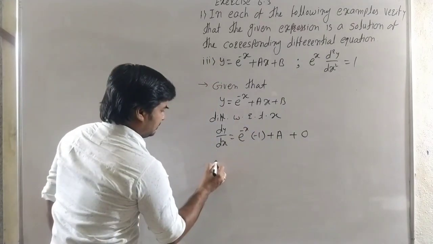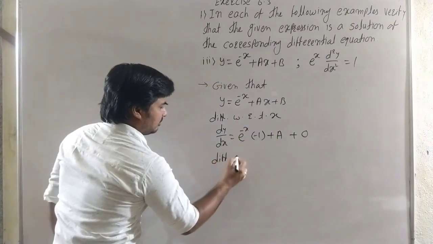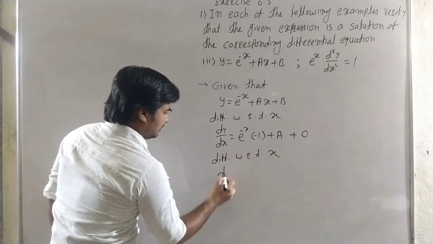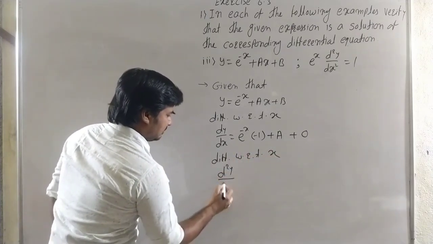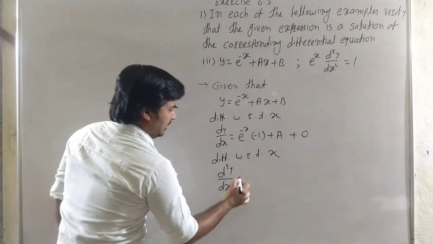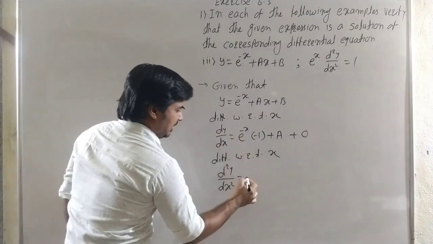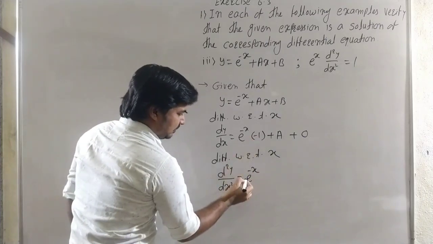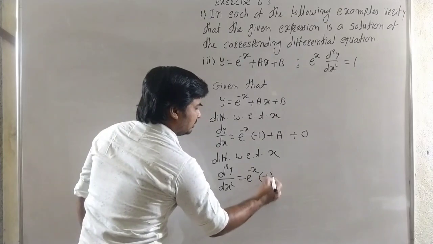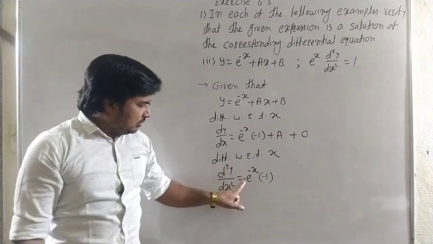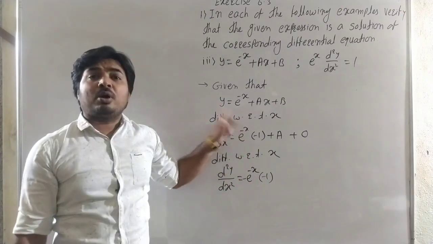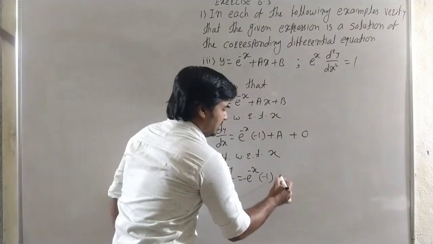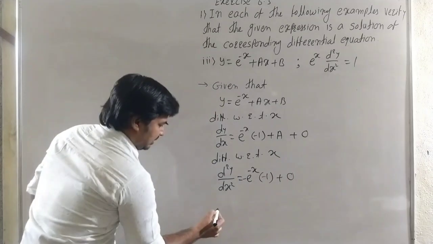Again differentiate with respect to x. d2y by dx2 is equal to, again we differentiate here, e to the power minus x into minus 1, this minus already there, and derivative of e to the power minus x, e to the power minus x into minus 1, and plus the derivative of a, it is a 0.